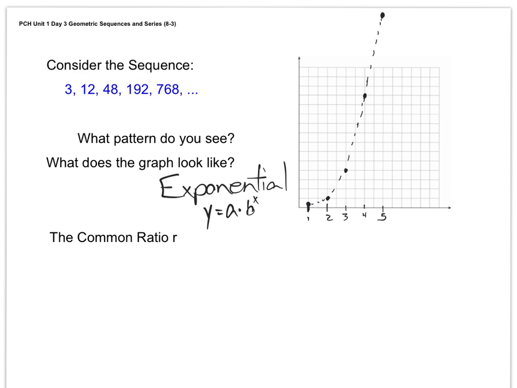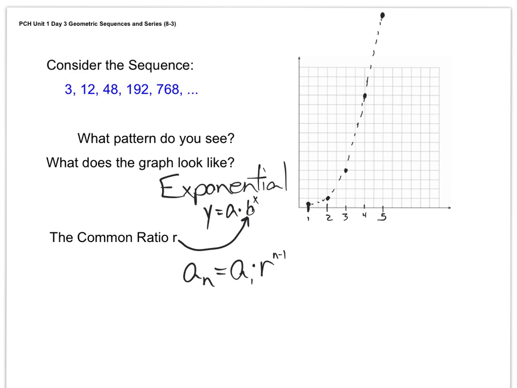The key is recognizing the common ratio. The common ratio r is the thing that's going to be raised to a power. Instead of y's and a, b's and x's, we have a sub n equals a sub 1 times r to the n minus 1 power. That's our formula here.